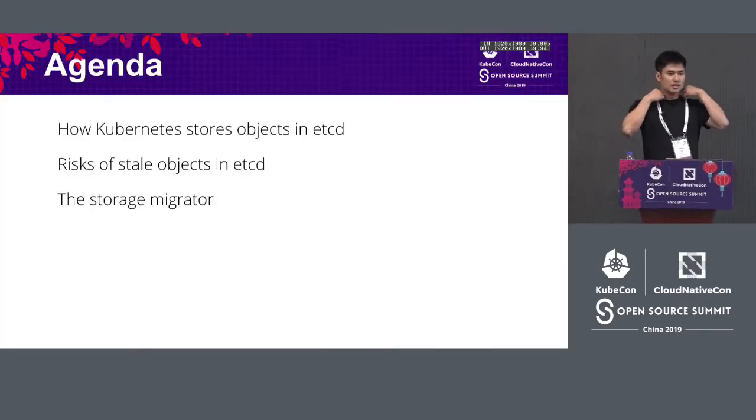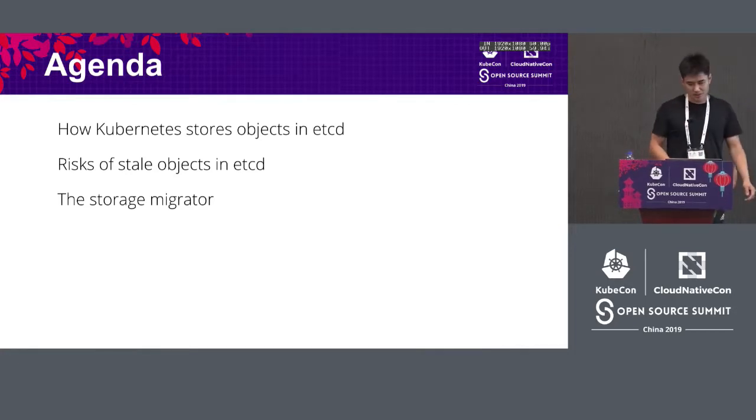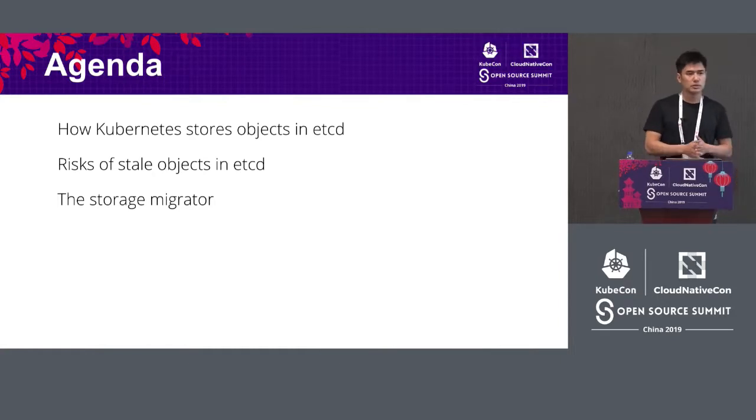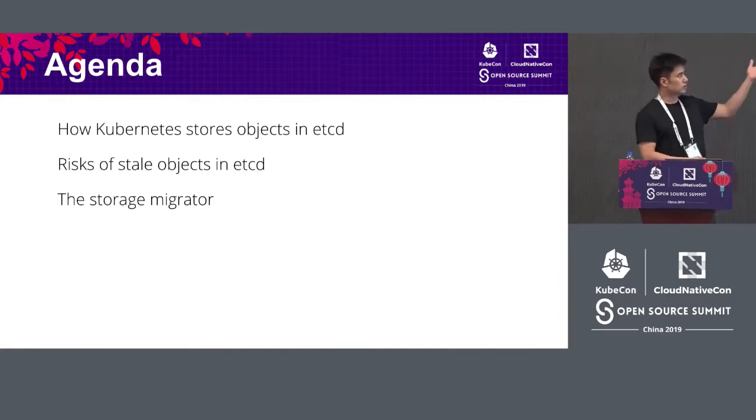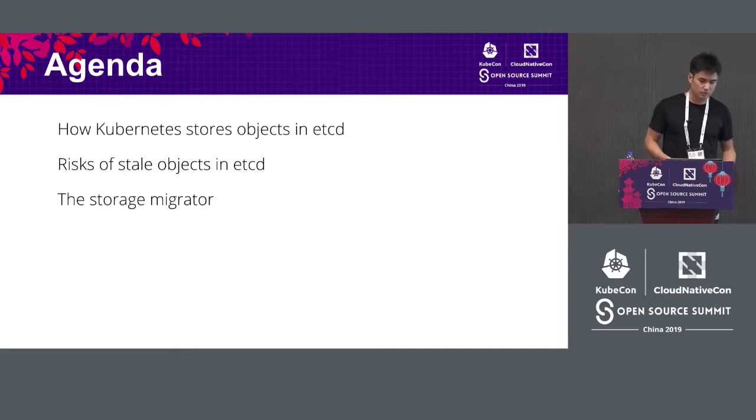Okay. So that's my story. And now let's go to the actual agenda. So first, I want to share with you some background knowledge of how Kubernetes stores API objects. I think this is necessary for me to talk about storage migrator. And I just like to talk about API machinery stuff.